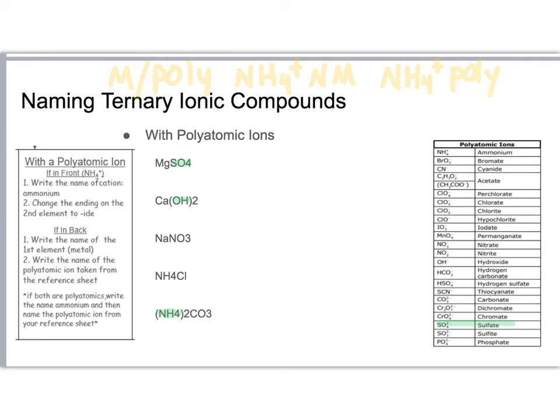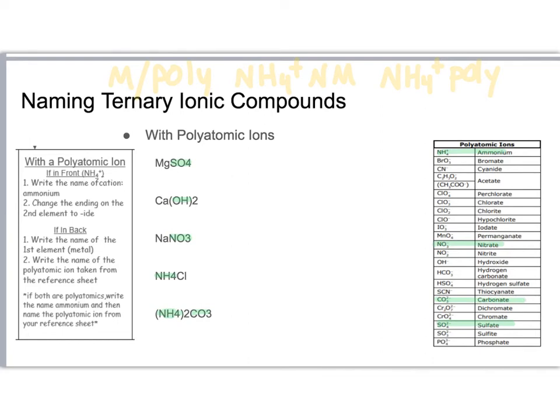In the third example, we have in the back again 2 capital letters, N and O. Of course, there are 3 oxygens, so we're going to look on our polyatomic ion list and find NO3, which is nitrate. And in the fourth example, you can see 2 capital letters sitting in front. That's NH4, that is our ammonium ion. And then in our fifth example, we also have 2 capital letters sitting next to one another, not in parentheses, and that is the carbonate ion, as you can see over here on the list.